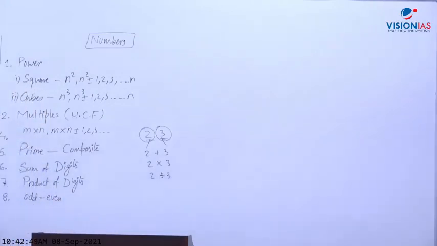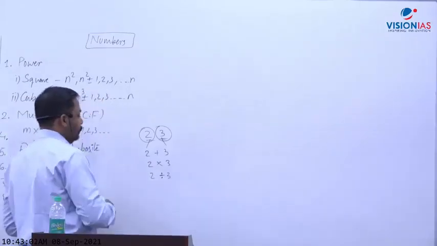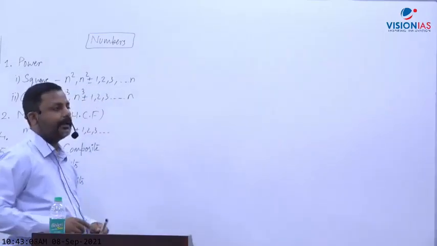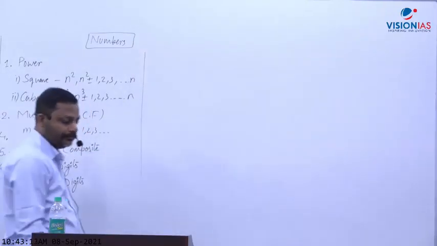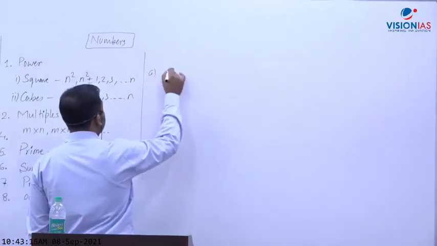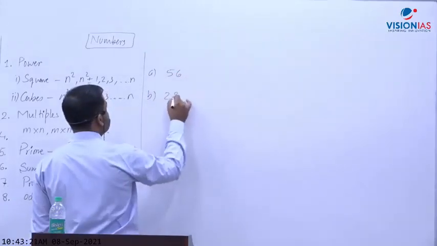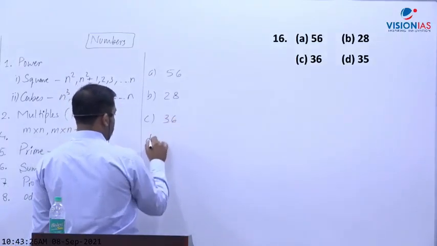Let's see this particular question now. Remember this, that out of the 4 options, we have to find the similarity in between any 3. Similarity in between any 3. Like the first option is 56, second option is 28, third one is 36, and the fourth option is 35.